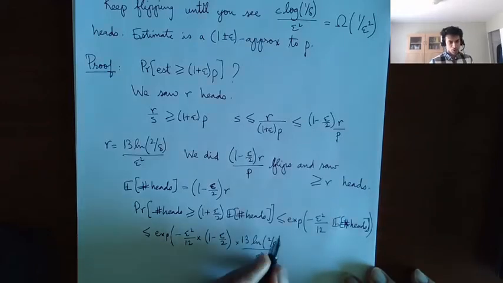So you work all of this out, and what you get is that this is going to be less than delta over 2.